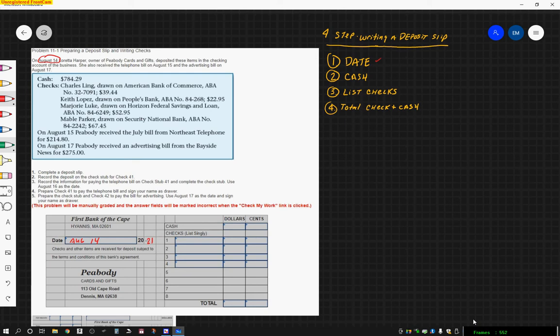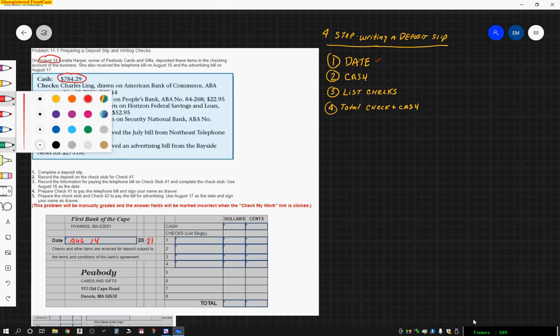In this case, to keep things simple, we're just going to call it cash, straight up cash. We have a cash part of the deposit of $784.24. Let's see if I can get this a little thinner. So we go $784.29.